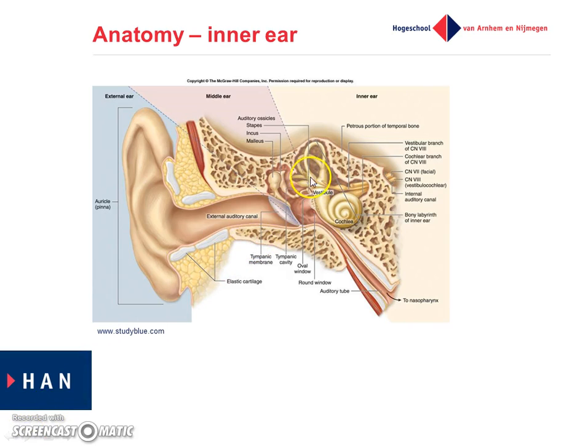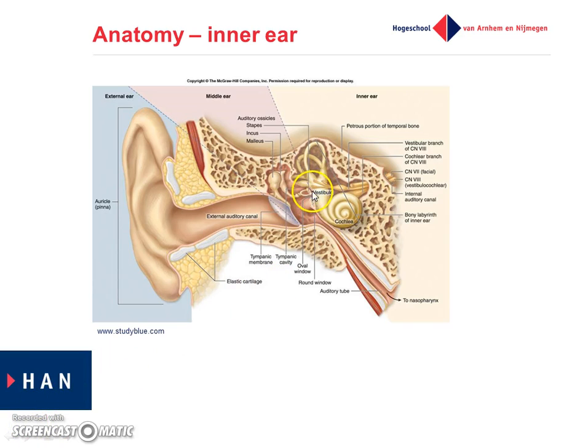And when I say that the three bones transmit the sound via mechanical movement onto the inner ear, I mean that they bring the sound onto the oval window, which is like the door into the inner ear.